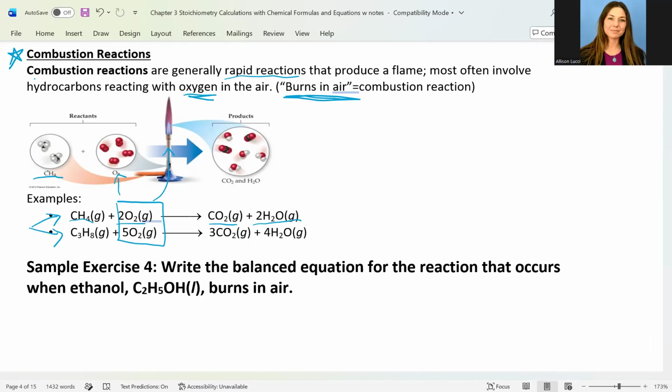And then our products will always be carbon dioxide, in various amounts, depending on what our starting material is. If there's a 3 carbon compound, we expect to see 3 CO2. But with methane, we only saw 1 CO2 in our balanced reaction because there's only 1 carbon that we started with. So we get carbon dioxide and water.